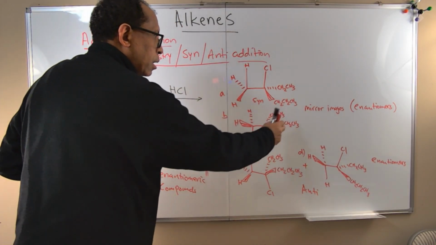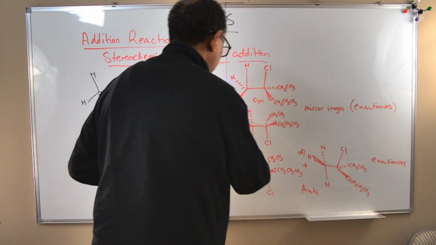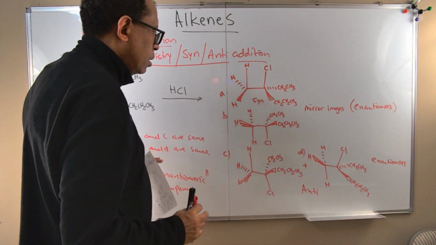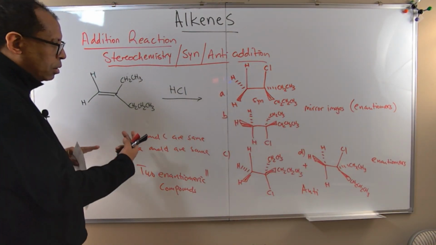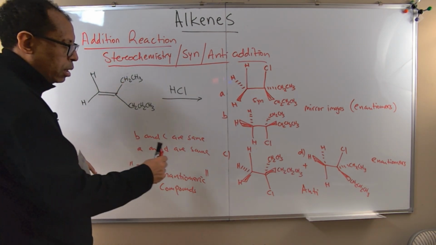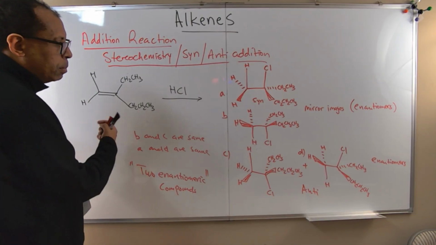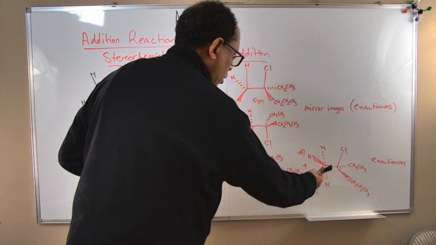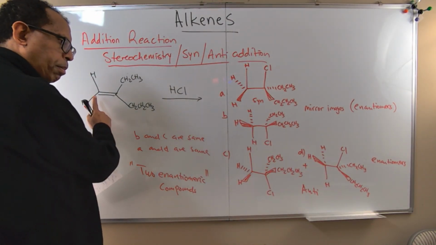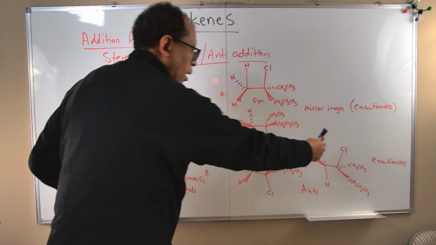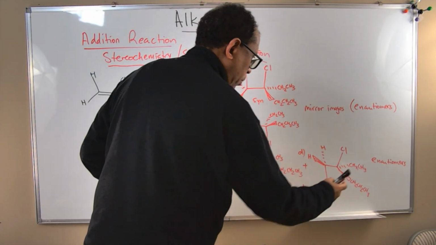They are related as enantiomers, meaning A and B are enantiomers. And if you do anti-addition, meaning hydrogen from top and Cl from bottom, and hydrogen from bottom and Cl from top, you get enantiomer pairs.